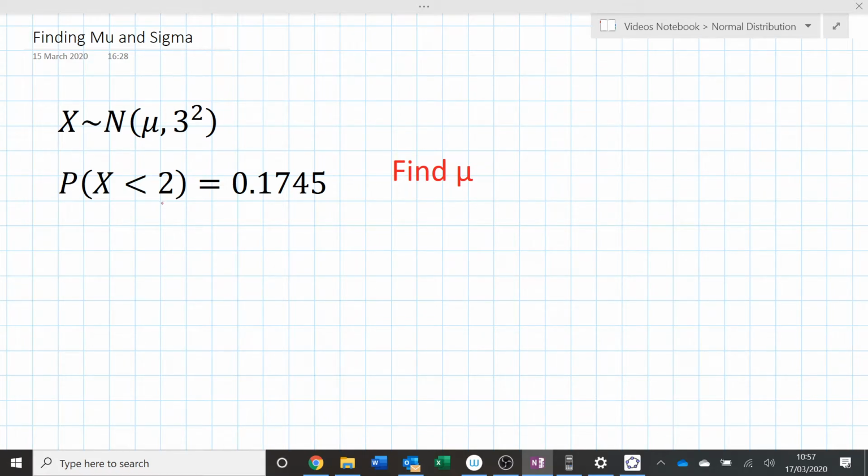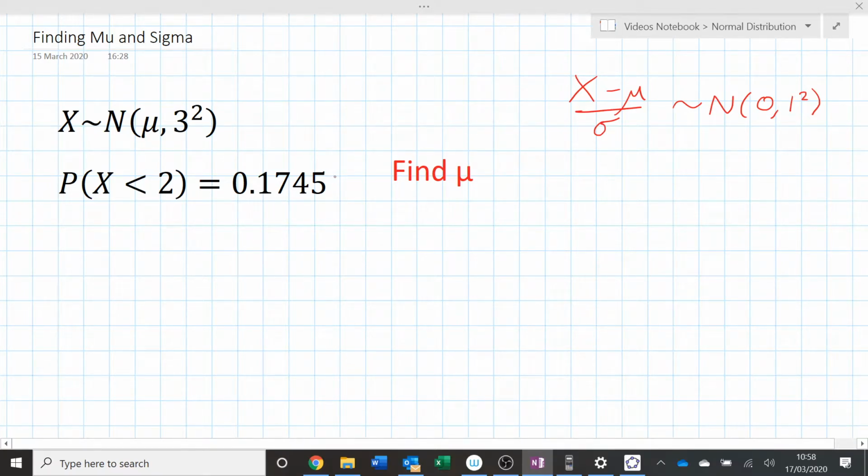I have to use the standard normal distribution. I'm going to need to use this fact that x minus mu divided by sigma has the standard normal distribution, normal 0, 1 squared. So this is what I'm going to do.